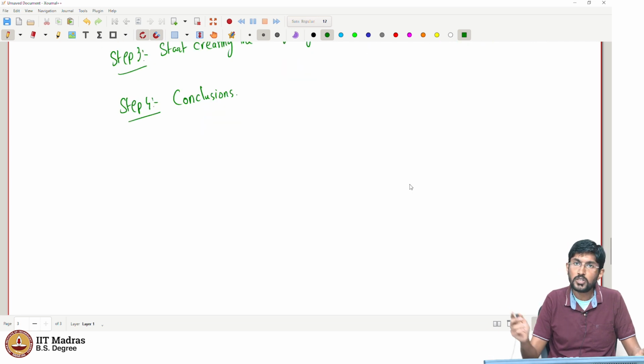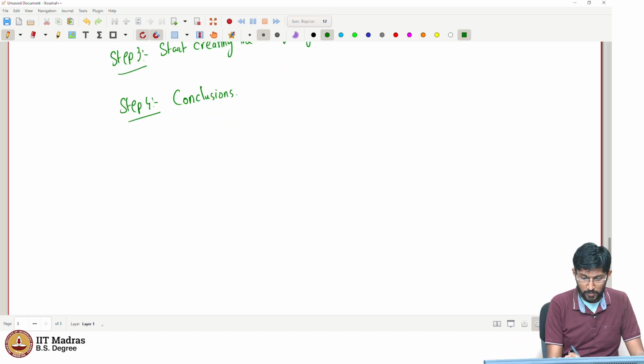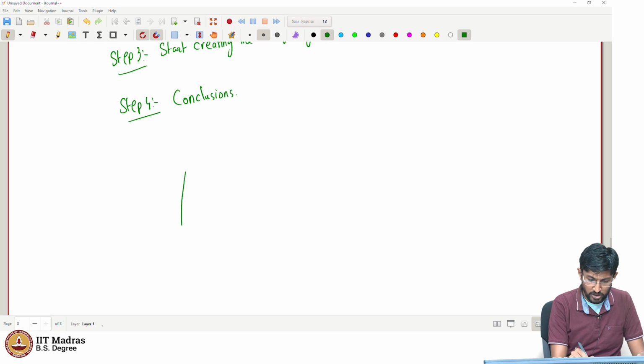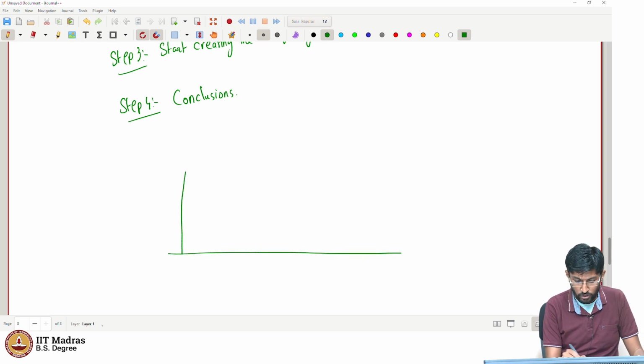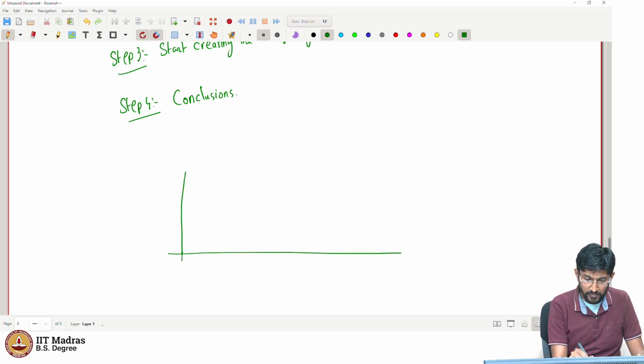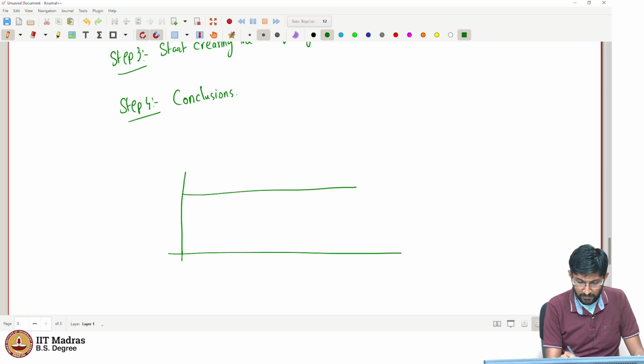So what is a uniform distribution? The histogram for a uniform distribution, if it's exactly right, should look like this, correct? Every value has an equal number of observations. So this is frequency, and let's say this is the range, right?